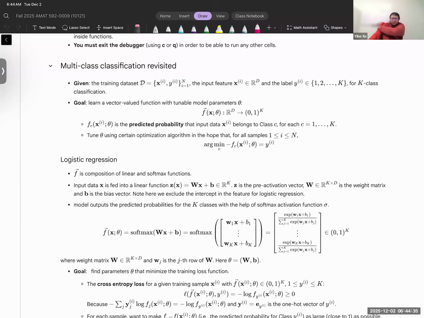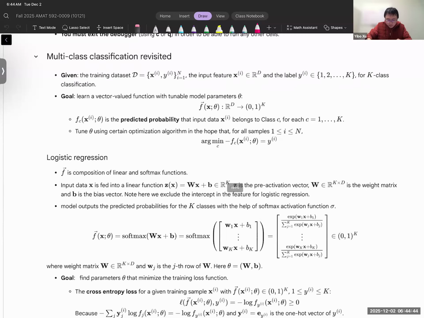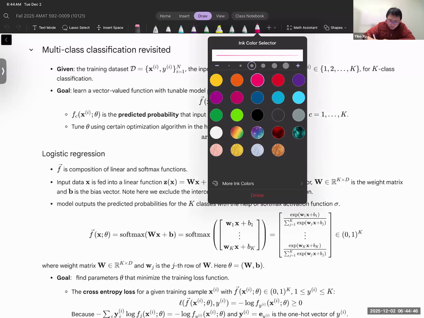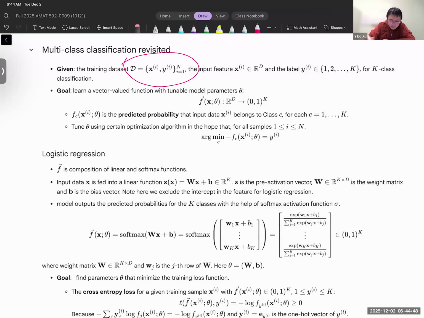So neural network. What do you actually do? Essentially, let's quickly review what we are looking at right here. You have n data points (x_i, y_i), right? So you have n as the cardinality.